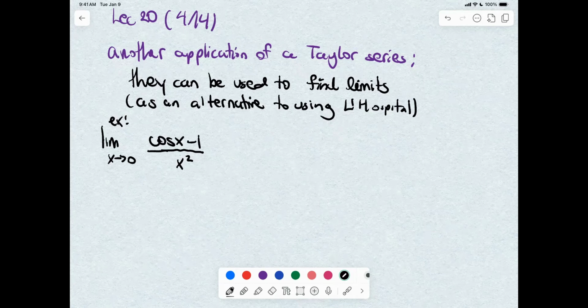This is a limit of the form 0/0. So according to L'Hopital, I'll put LH to say that I'm using L'Hopital's rule. You take the ratio of the derivatives, so it becomes negative sine of x divided by 2x, and that is still 0/0. So you do L'Hopital one more time.